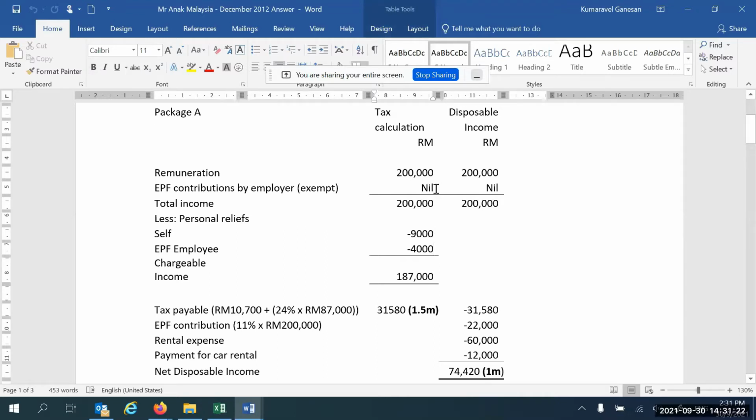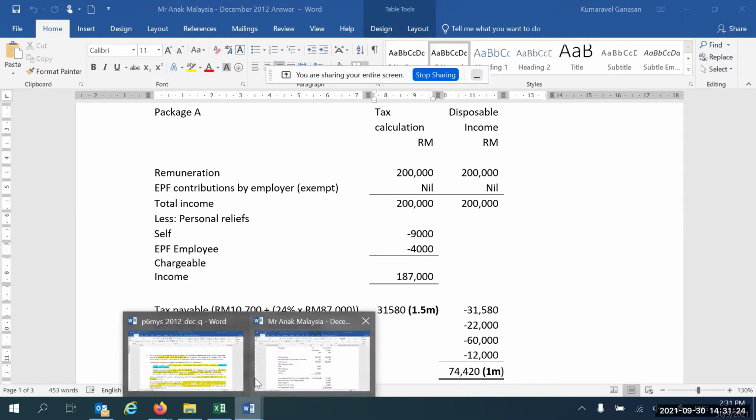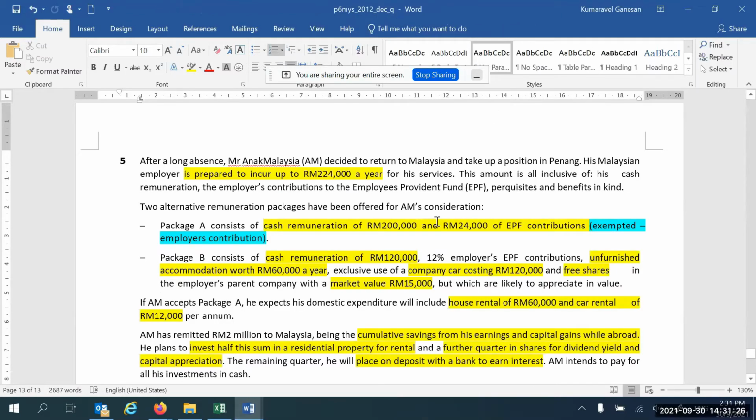Now, why must I put the EPF by the employer? Because it's mentioned here. Now, the employer's contribution is exempted. Why? It is an exempt fund. EPF is an approved fund, so it's exempted.